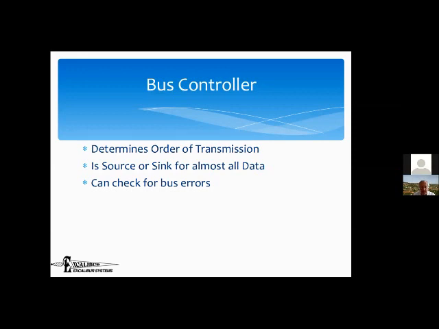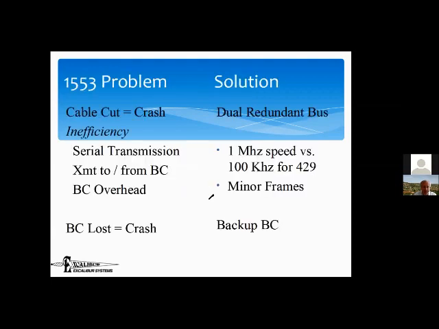And as a side effect of this, the fact that it's speaking directly to all of them, if there's a problem with communication, wire got cut, there are parity errors, too much noise, all of these things the bus controller is going to know about immediately because it's the one who's involved in every communication. So that's actually a very positive note.